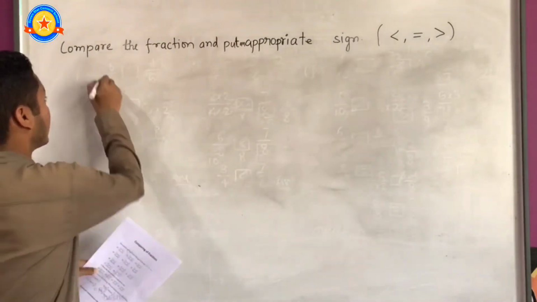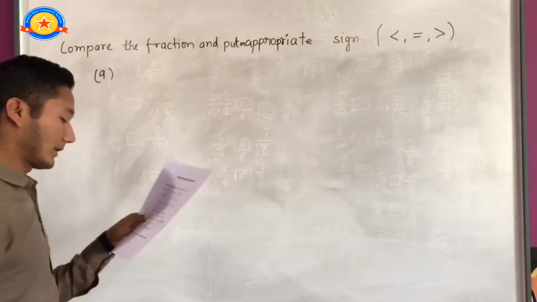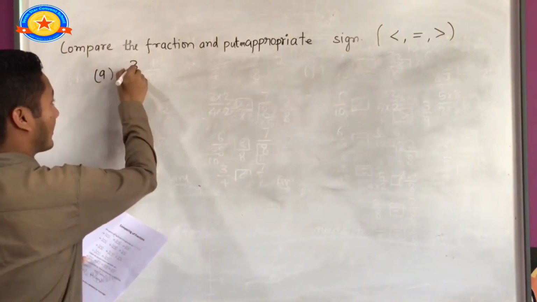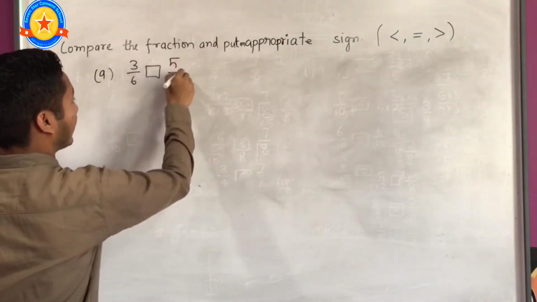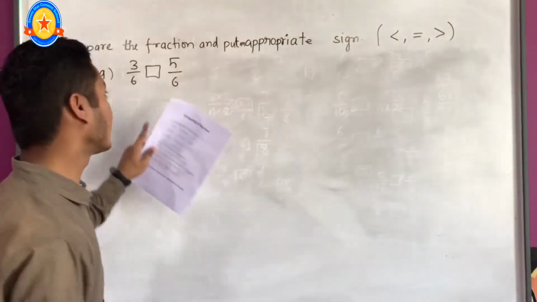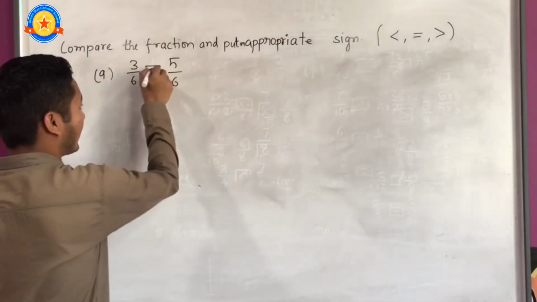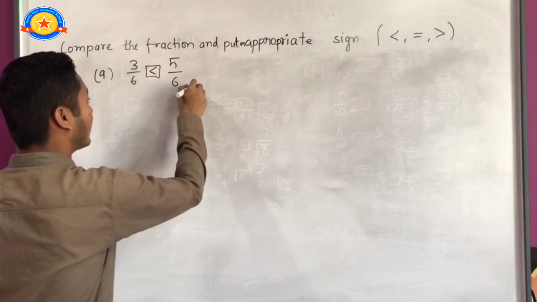The first option is 3 by 6 blank space 5 by 6. In this case, we see denominators are same. That's why we directly say 5 by 6 is greater than 3 by 6. This is our answer.